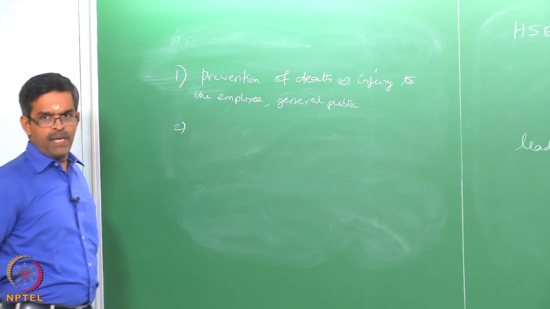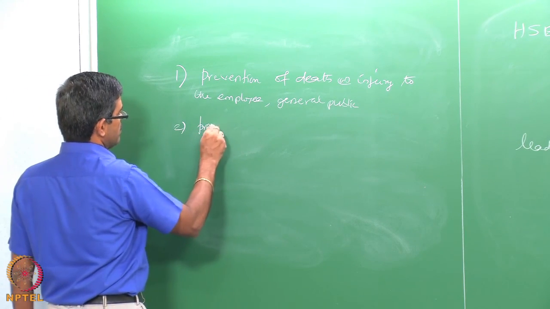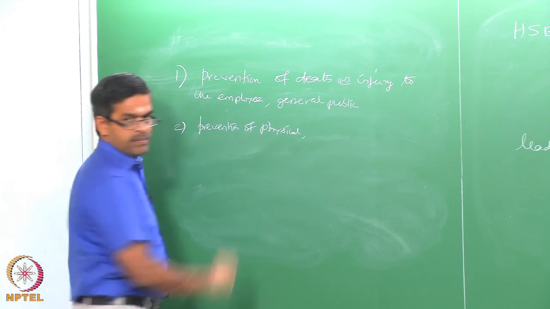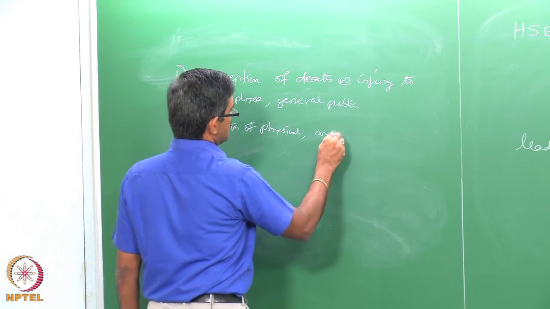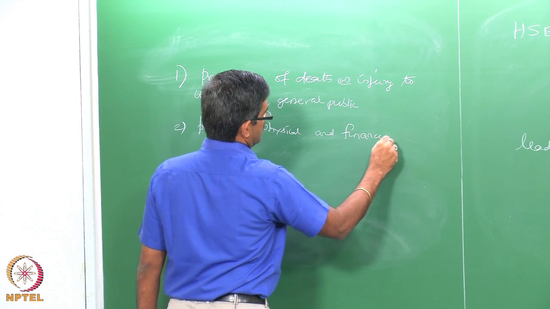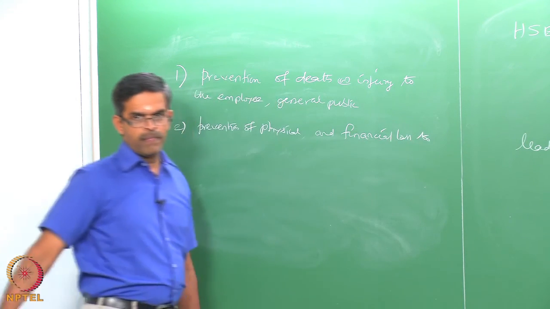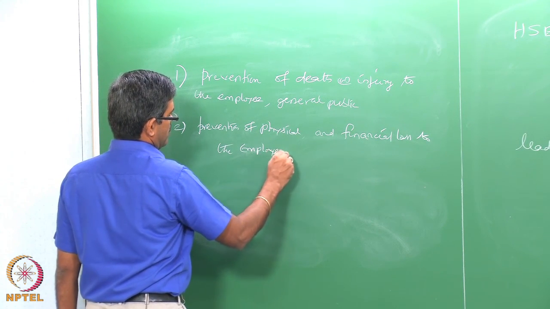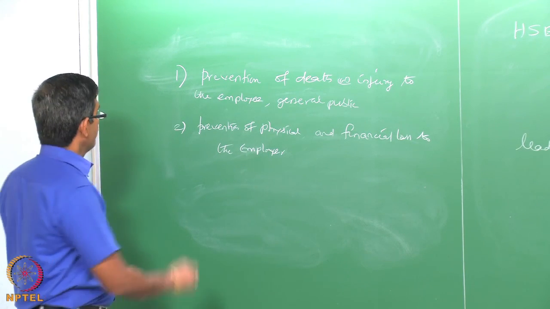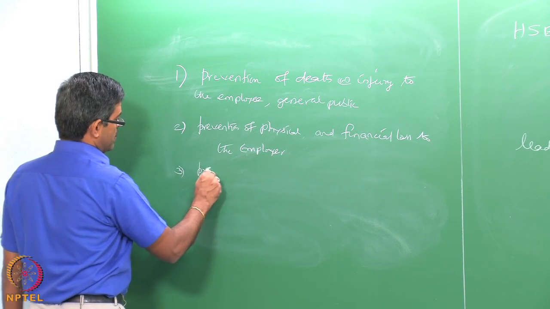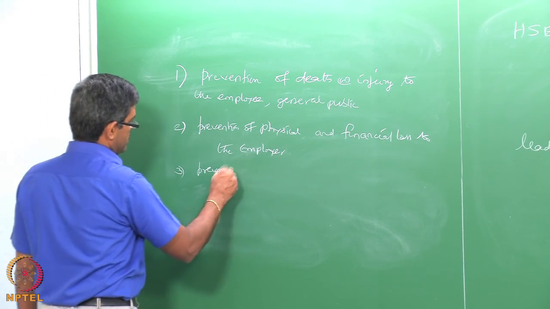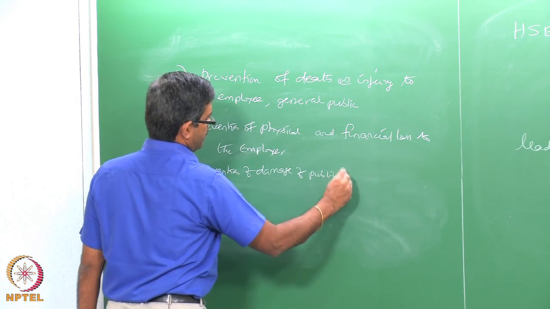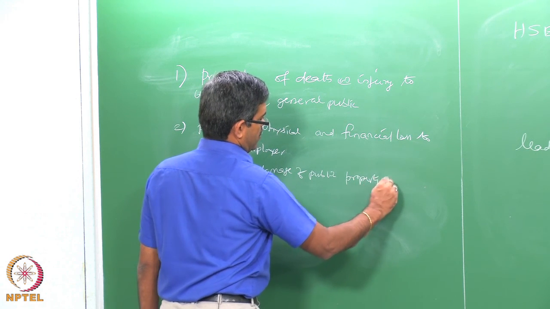The second objective could be prevention of physical and financial loss to the employer. Three, prevention of damage of any public property in the neighborhood.